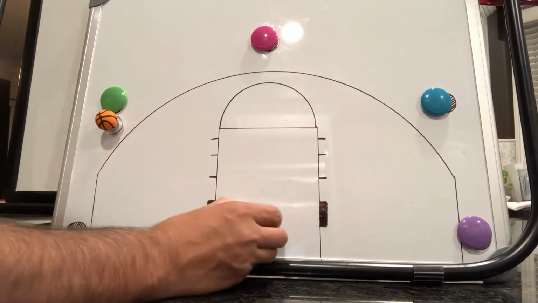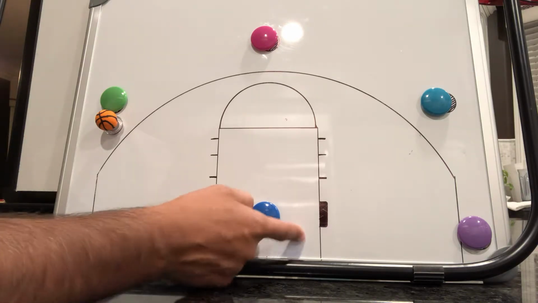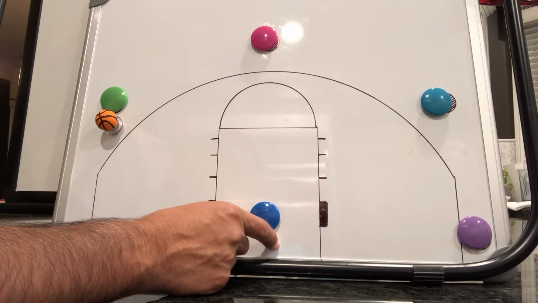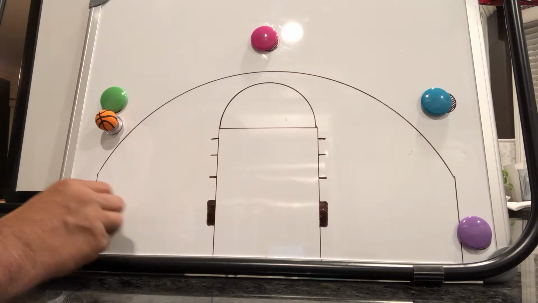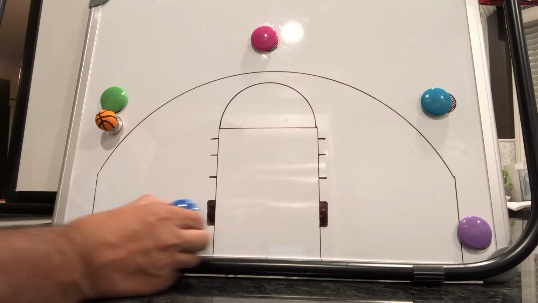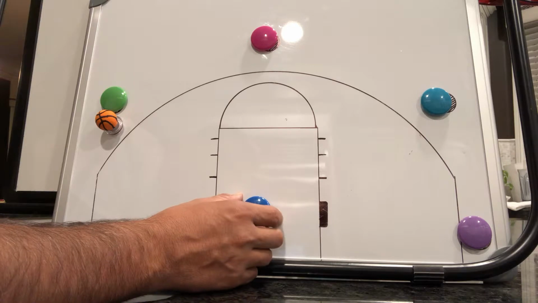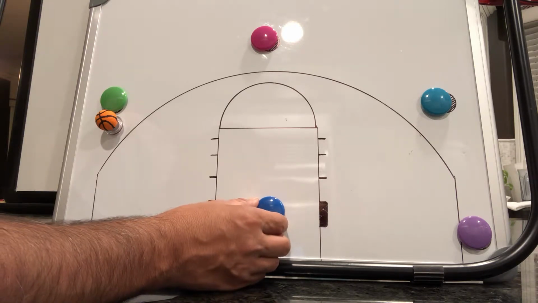The other thing is when you go to make your basket cut, and then when you're in the paint and you decide to make a screen, it makes sense to call the person's name. So if this is Nico here and he's basket cutting, when he decides that instead of going back to his original spot, he wants to set a back screen, he should yell out to his teammates, "Johnny, back screen."